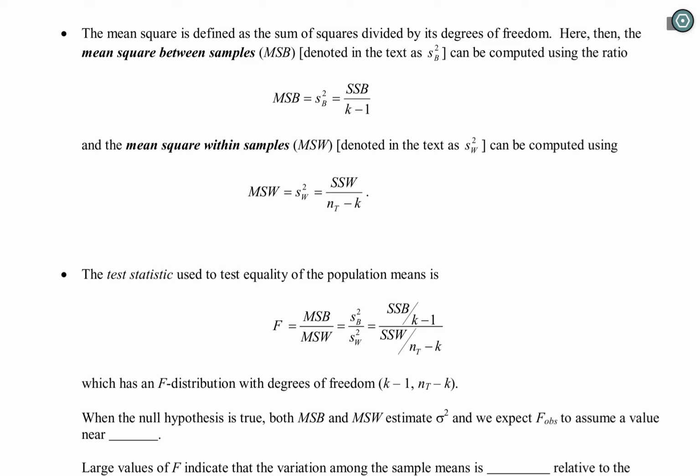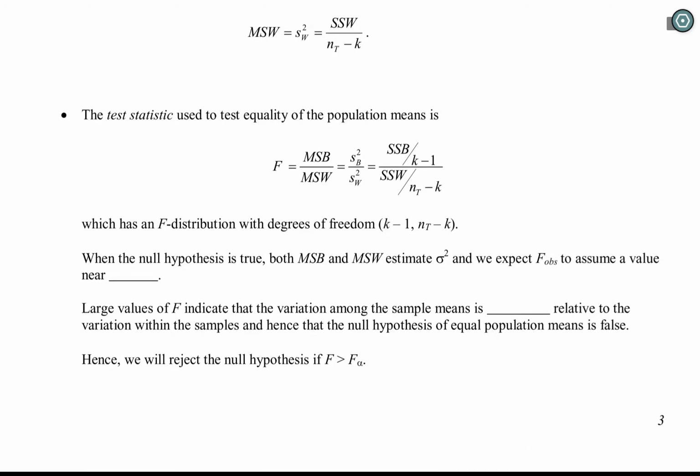The book uses this notation SB squared for that, so be aware of that. And the mean square within samples, MSW, denoted by SW squared in the book as well, is computed as SSW over the total sample size minus the number of samples, or number of populations you're comparing there. Okay.